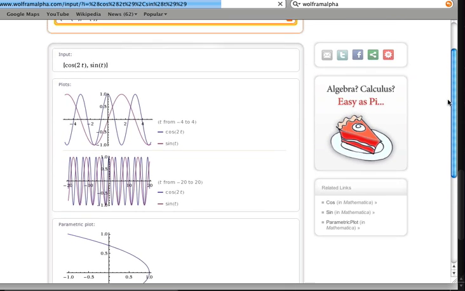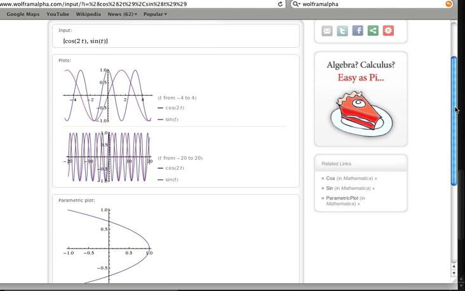So if we look at t equals 0, what's the first point? When t is equal to 0, x is equal to 1, and then y is equal to 0. So that's this part right here, right?